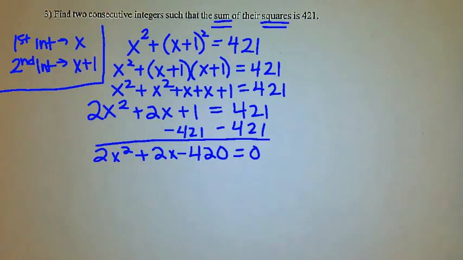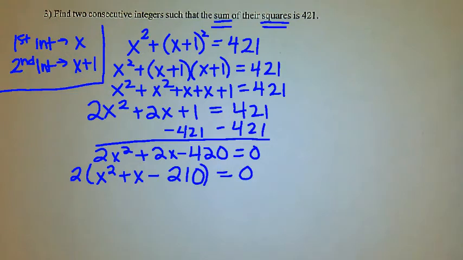I am going to pull out that 2 to make my life a little easier. So I'm going to divide out that 2. Remember, when you get rid of that 2, you don't have to do anything with it. Minus 210. Okay, so now I can just drop this off, I don't need to do anything with that now.